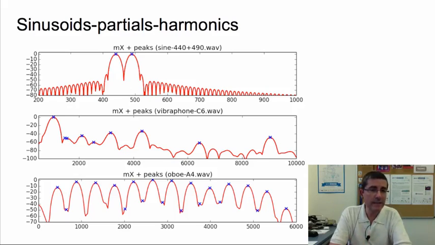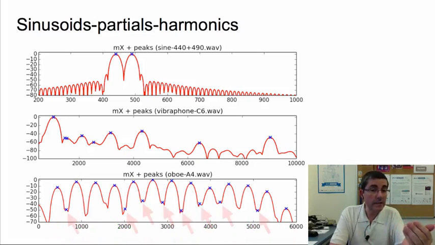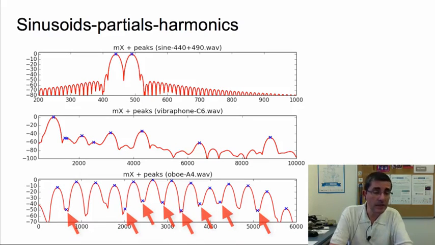So in this last plot, that is the oboe sound, we see the top peaks, these crosses. These are clearly the multiples of the first peak, which is the fundamental frequency. But there are other crosses which are not harmonic. They're not multiples of this fundamental frequency. These are maybe artifacts, or maybe part of some signal that is underneath, or maybe some side lobe.